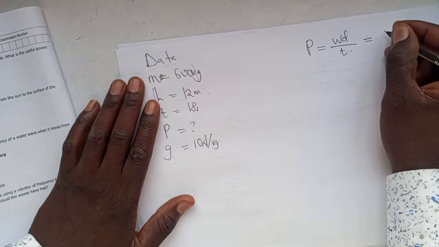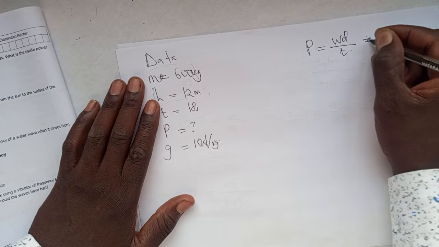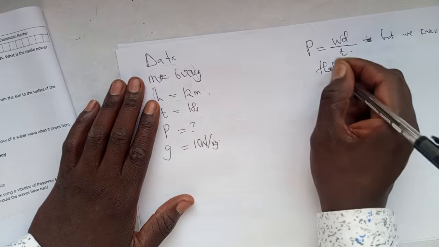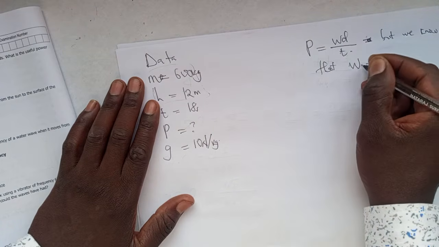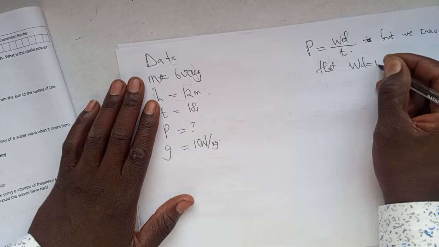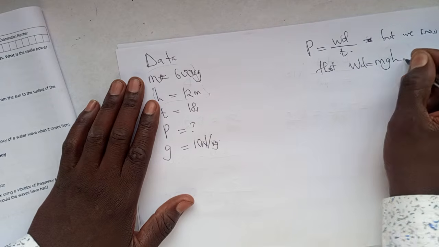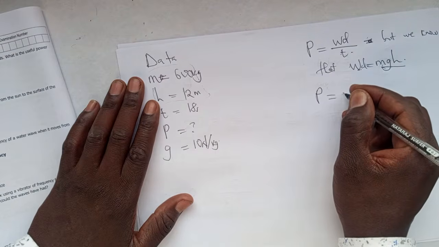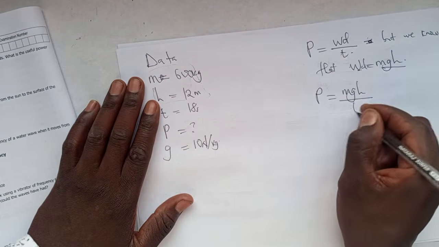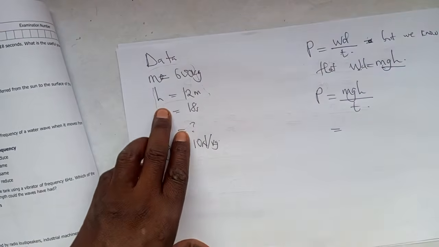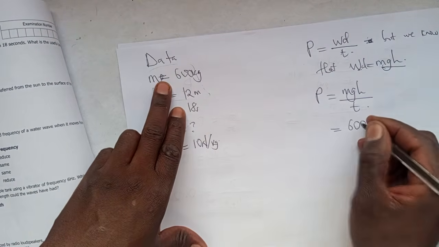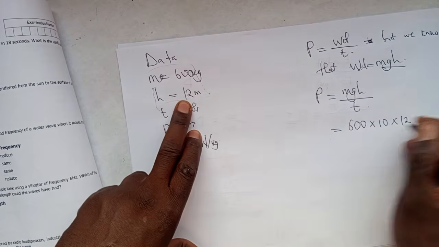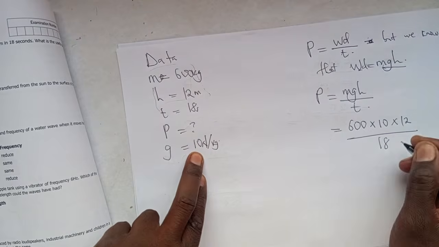But we know that work done is equal to mass times gravity times height. So where there is work done, we put this. So our power formula would be mgh over t. So we can substitute 600 kg multiplied by 10 newton per kg times 12 divided by time, which is 18 seconds.